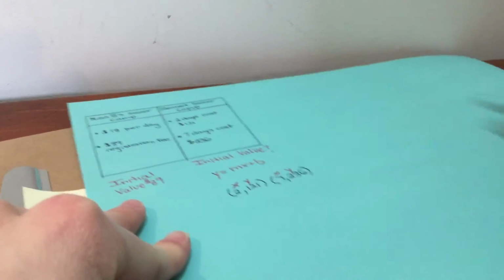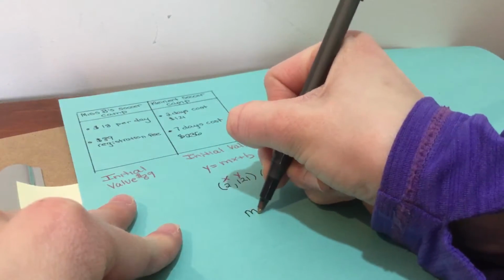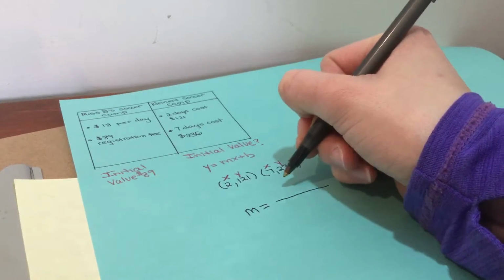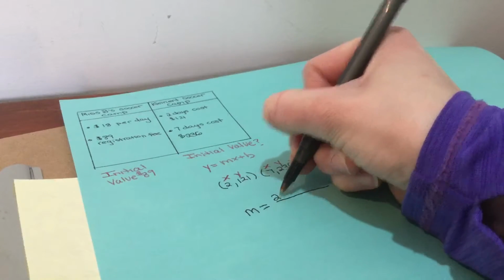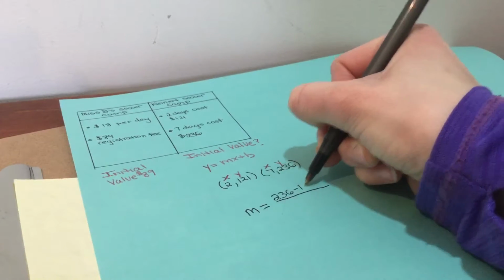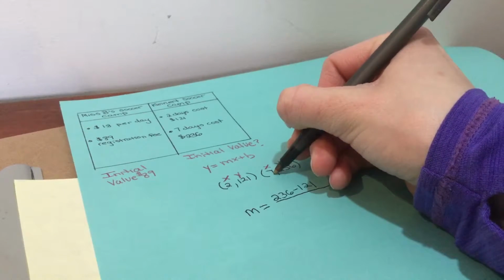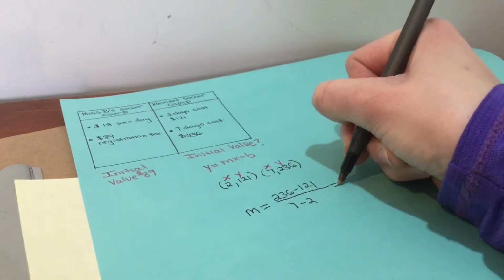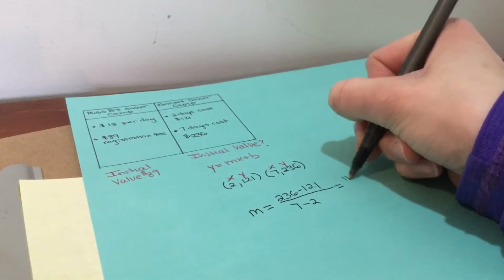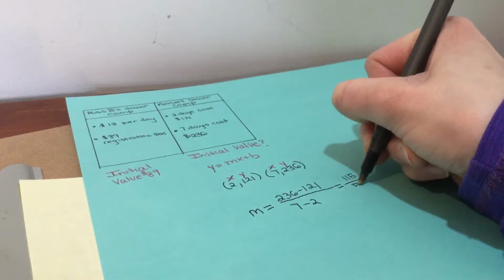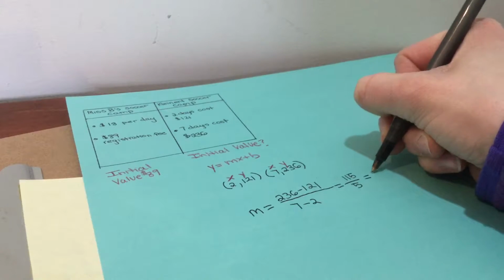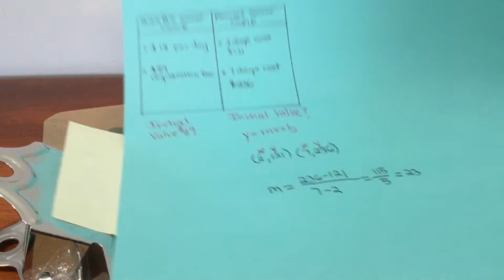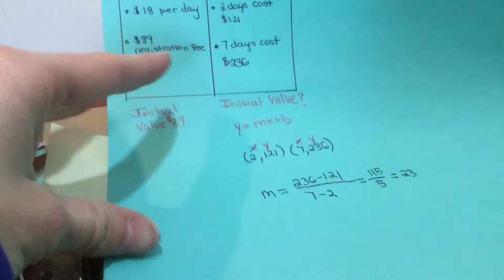All right, and we have m equals, well, I'm going to start with the biggest y because Miss B doesn't like working with negative numbers, 236 minus 121 over, now my x value, 7 minus 2. That gives me 115 over 5, which easily simplifies to 23. So we know now that there is a rate of change of $23.